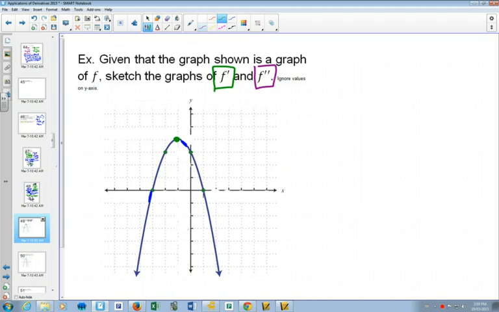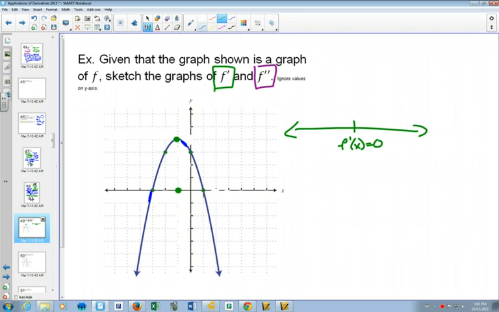So what that would show up on our first derivative test is we would have a point right there where we would know that f prime of x is equal to 0. I can't put a value there because I don't know what x is because we've erased all those things. But we know that f prime of x is equal to 0 there. So if I'm graphing f prime of x, I know that it's equal to 0 there.